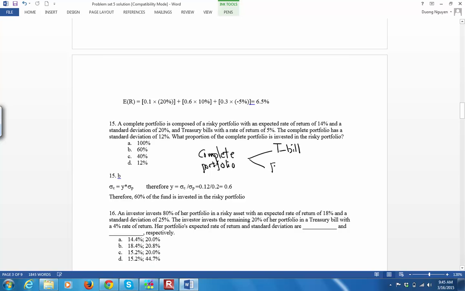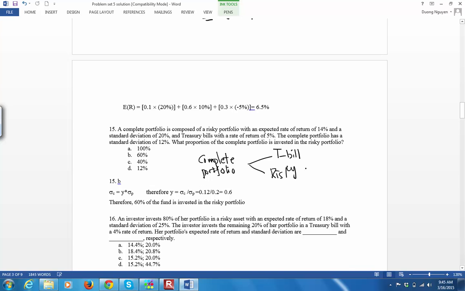The other one is risky, the risky portfolio P. Alright, so you have T-bill return RF. For the risky portfolio, the expected return is ERP, and the standard deviation is sigma P. Obviously, the standard deviation of RF or T-bill is equal to 0.